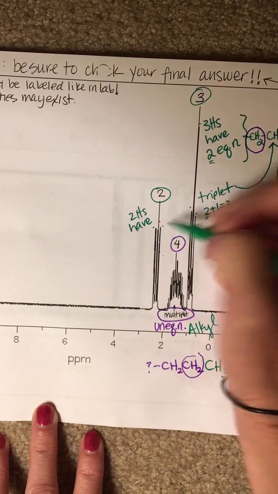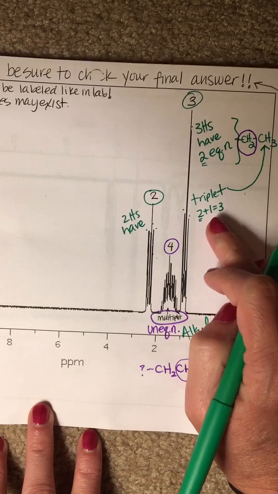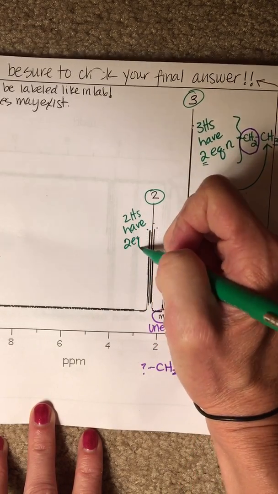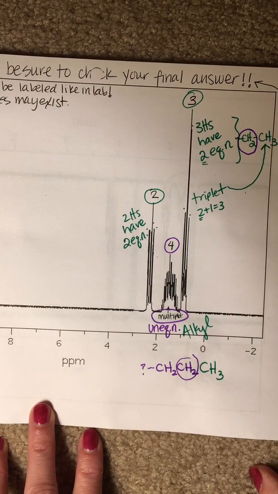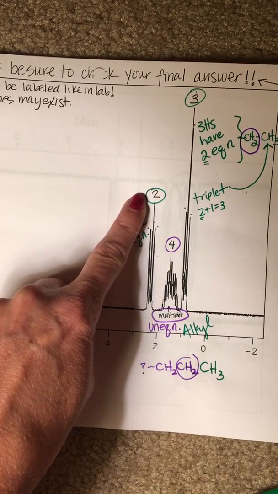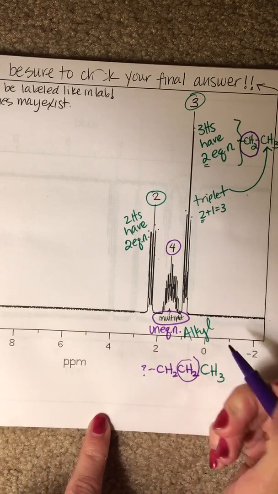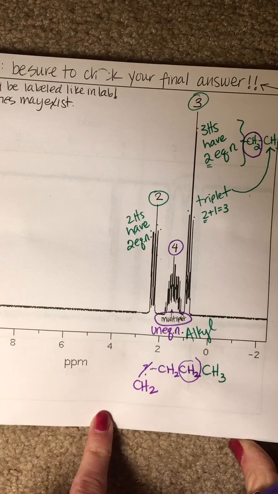So here we have 2 hydrogens that have, well, this is a 1, 2, 3, a triplet. What does a triplet mean again? We already talked about a triplet up here. 2 hydrogens have 2 equivalent neighbors. So we need 2 hydrogens that have 2 equivalent neighbors. So how do we get 2 hydrogens? Let's bring that down here. We're going to make this a CH2 group.